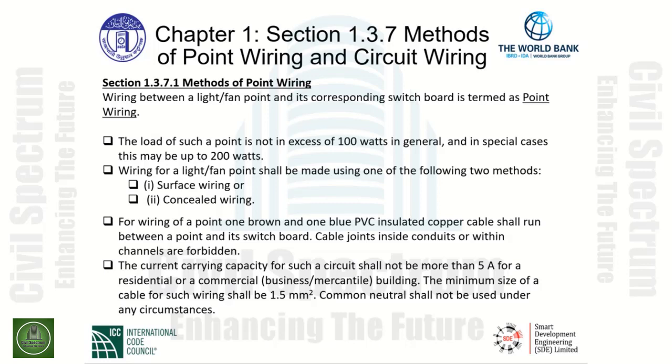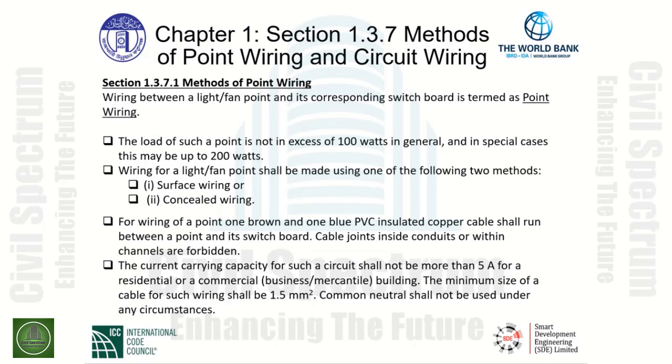For wiring of a point, one brown and one blue PVC insulated copper cable shall run between a point and its switchboard. Cable joints inside conduits or within channels are forbidden because these joints will be concealed. It is not allowed according to our code.